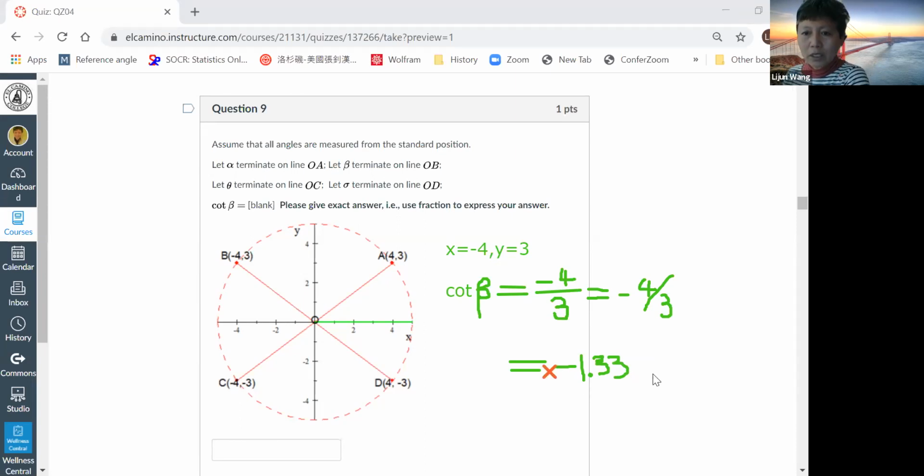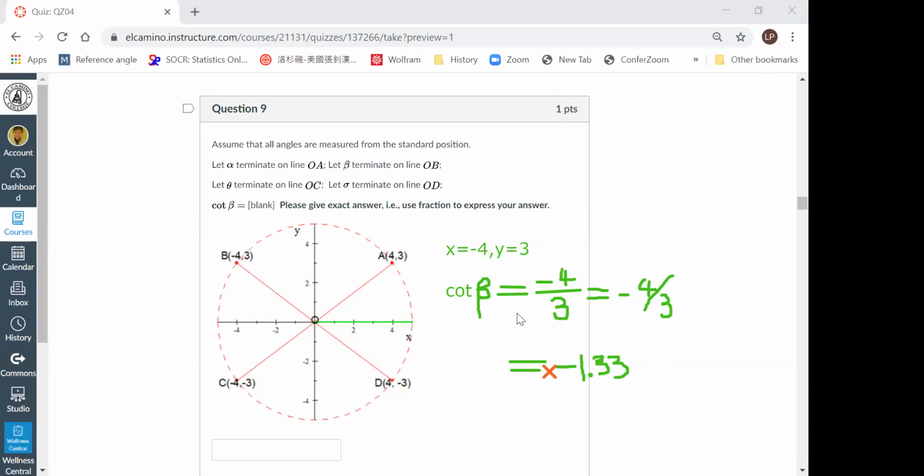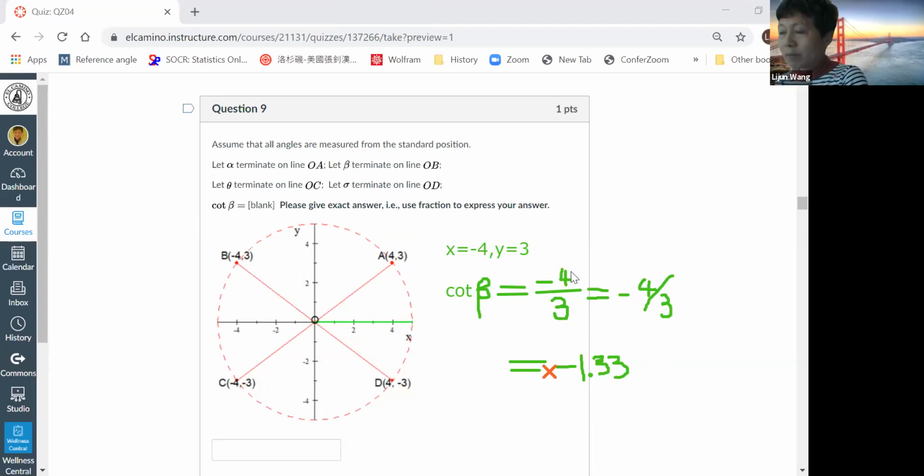You're not going to get any credit as programmed. Do you follow me? Because this is not the precise answer. The precise answer is either this one or that one, but this one was not programmed in the quiz. So if you did this one, you still have a chance to get a point back. But if you did this one, no, you don't get a chance to have a point back. Do you follow me?